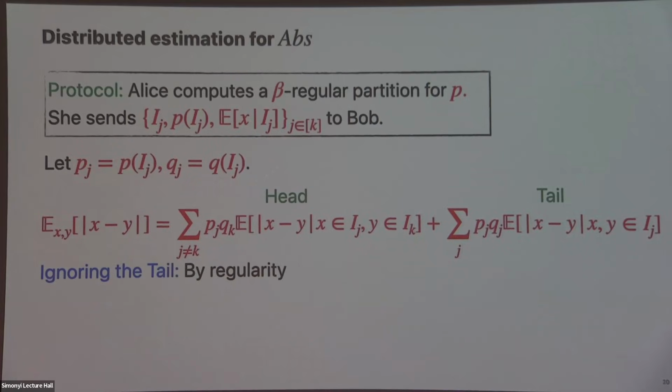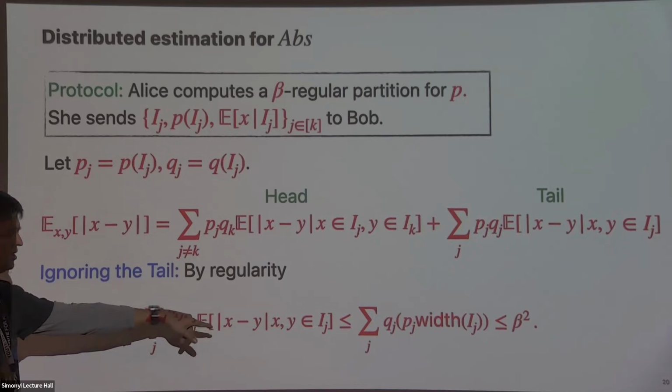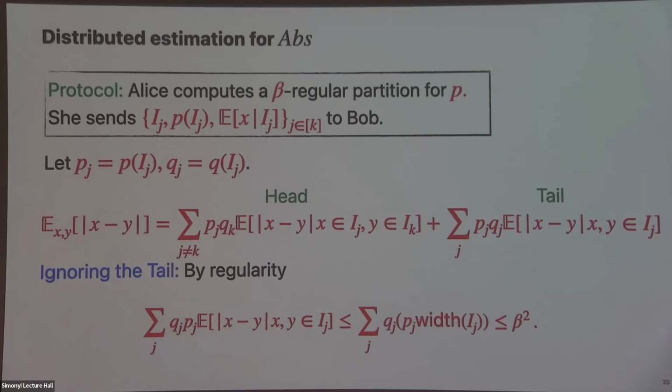What are we going to do with the tail? Well, at first, we ignore it. And why we can ignore it is by regularity. If you look at the tail, I'm going to rewrite it. I'm going to do this very clever trick of interchanging the order of Q and P, because multiplication is commutative. So I can write it as Qj times Pj times the expectation of X minus Y conditioned on them both lying in the jth interval. But this difference, if they both lie in the same interval, is at most the width of Ij.